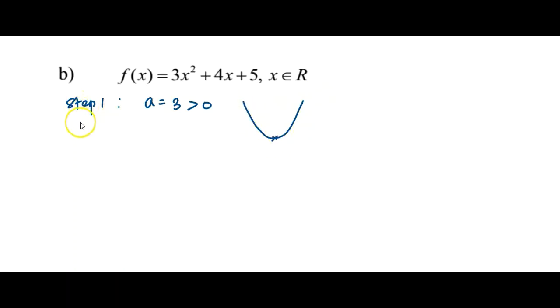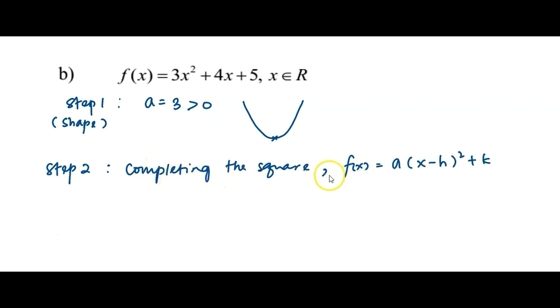So for step 1, we just need to determine the shape of the graph. The shape will either be open upwards or open downwards. If your a has a negative value, then you have a shape which is open downwards and has a maximum point. So at step 1, we only know the shape. To know the minimum point of the function, we need to proceed to step 2, where I'm going to use completing the square.